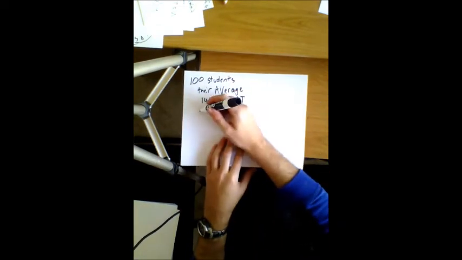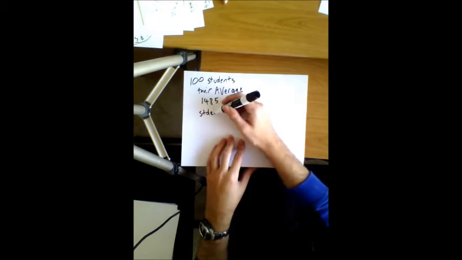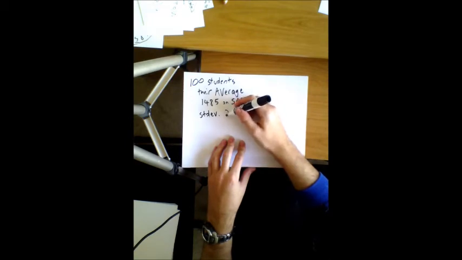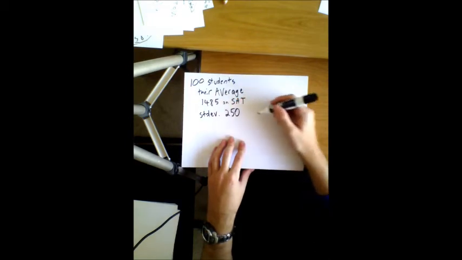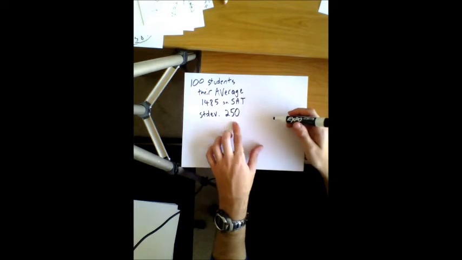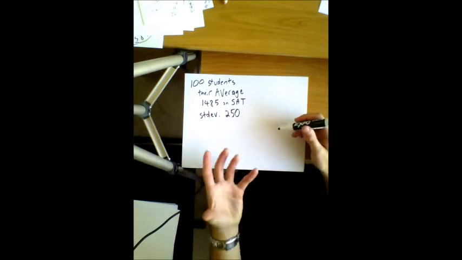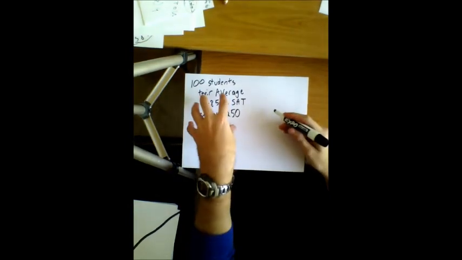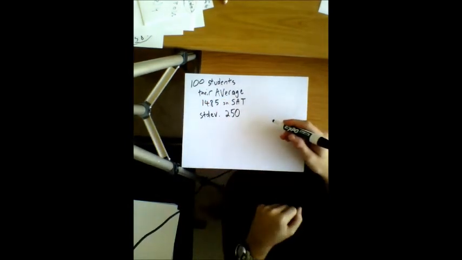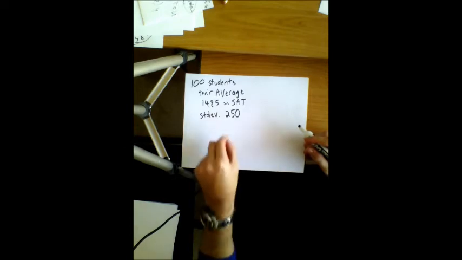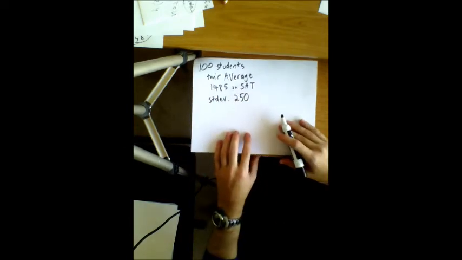And we're given a standard deviation of 250. So we want a 95% confidence interval for mu, for the population. So we'd like to say, given this, can we find an estimate, assuming that these 100 students are random across the U.S., for the actual U.S. average on the SATs. And so here's how this will work.